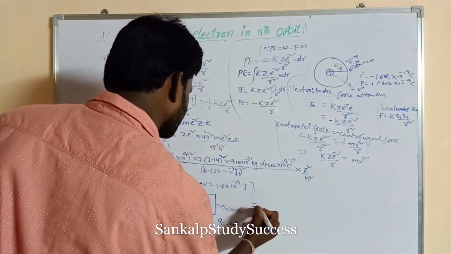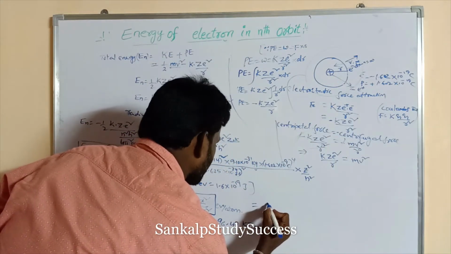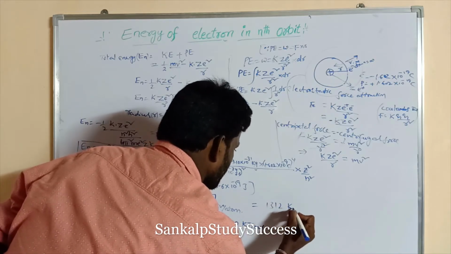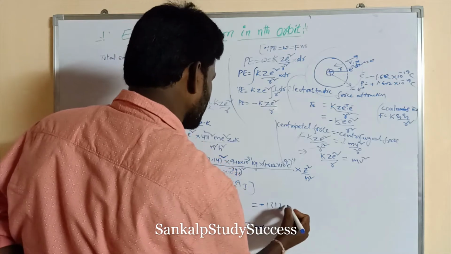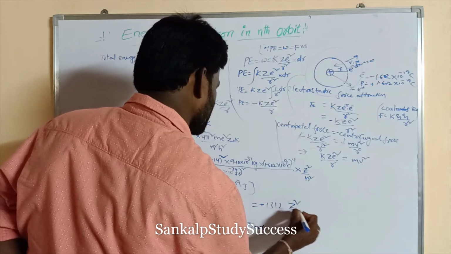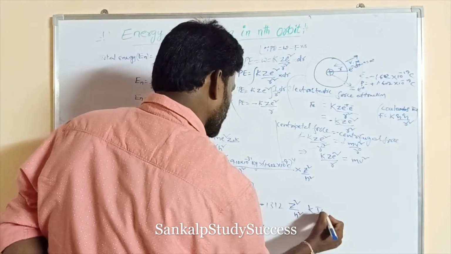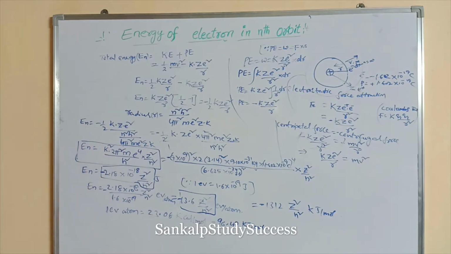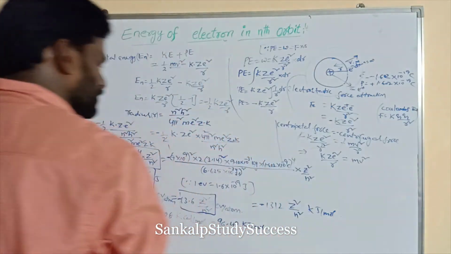Finally we got minus 1312 into z square by n square kilojoule per mole.